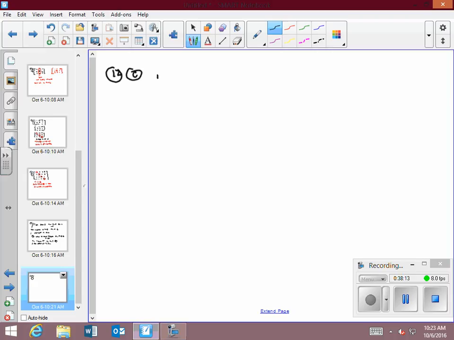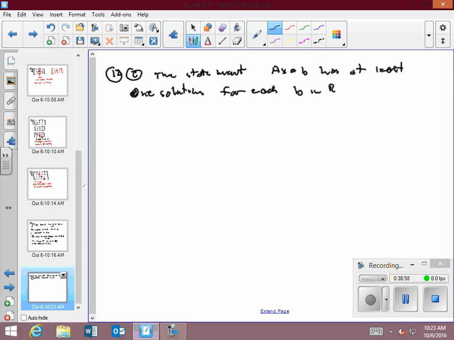The statement AX equals B has at least one solution for each B in R^n. Which one in theorem 8 is that?